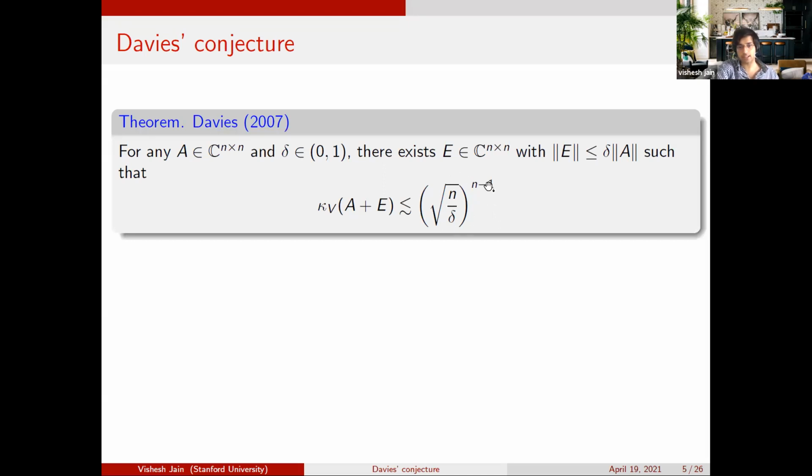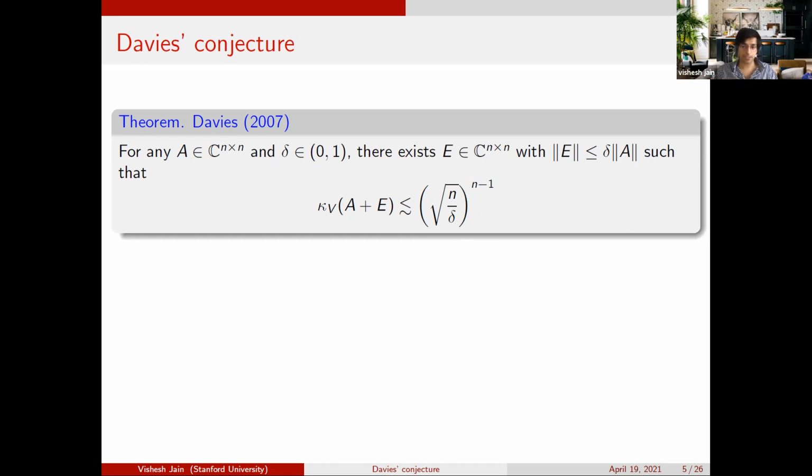So there is also this exponential factor of n to the n. But you'll see in a moment that I won't focus too much on the dimension bounds, and I'll focus more on the relation between delta, the perturbation size, and how the eigenvector condition number depends on delta, right?